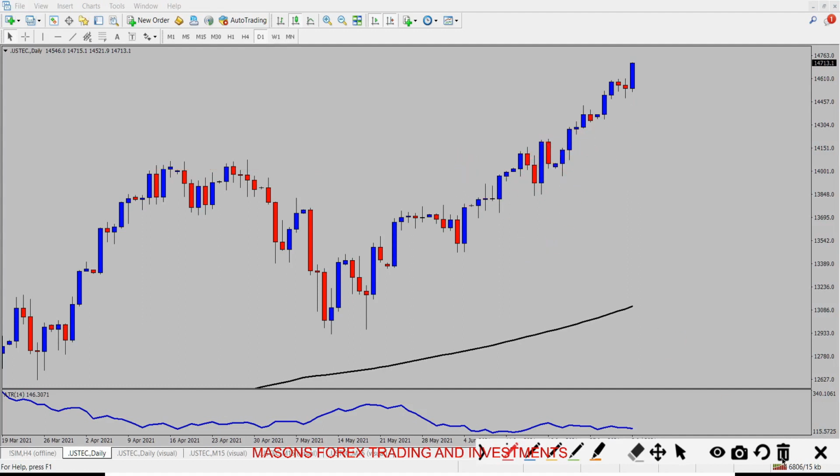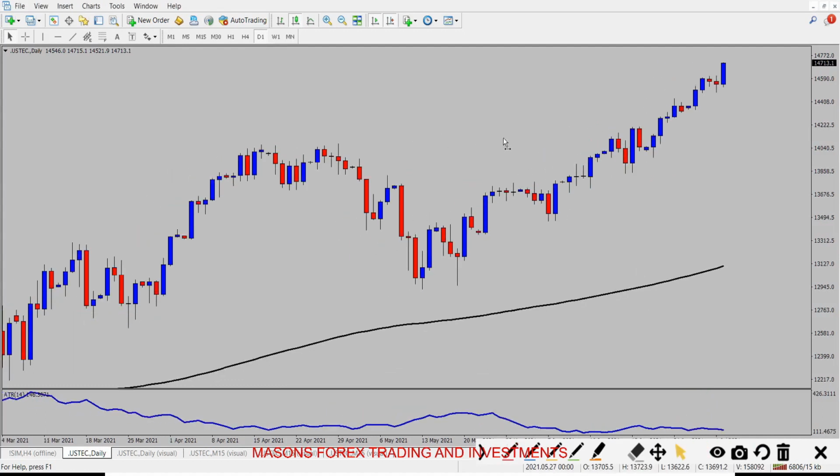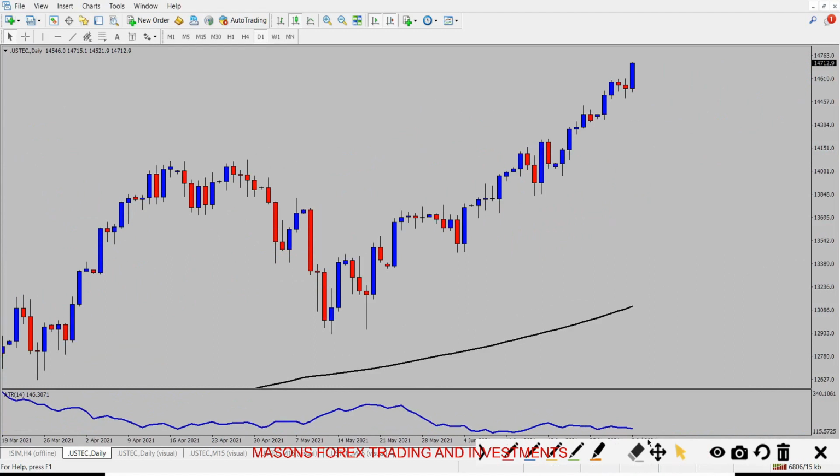Now, in our case, or rather 2 weeks ago in my video, you would have noticed that I actually entered or placed a trade on this candle for my entry, with the combination of this pullback.